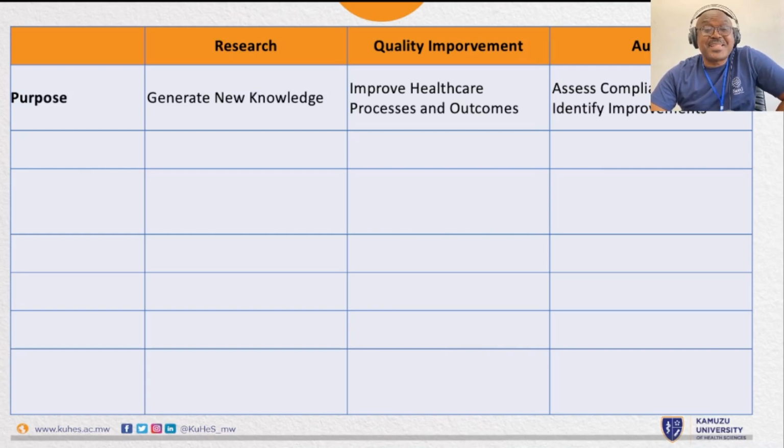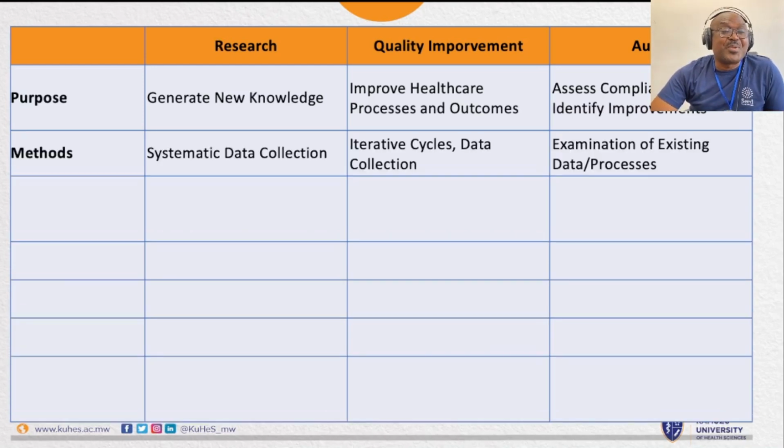While the audit assesses compliance and identifies gaps, which will help us start our quality improvement project. In methodology, research is systematic data collection, while QI involves iterative cycles, which also has some data collection.